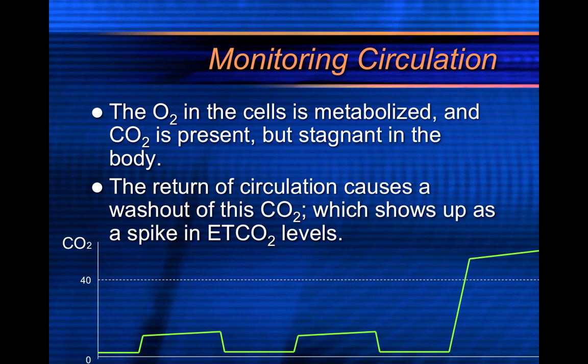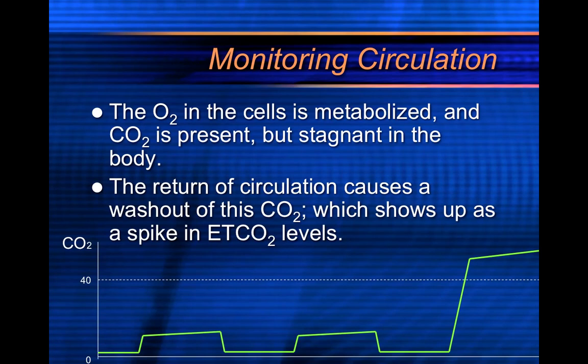What's happening? The CO2 is present. Because in your cardiac arrest patient, they have oxygen, they've metabolized that oxygen. It's just that now the CO2 is sitting stagnant. It's not being moved around. And suddenly, as you regain a pulse or start CPR or however you want to circulate that blood, that CO2 is going to make it to the lungs, and it's going to give you this really high reading.